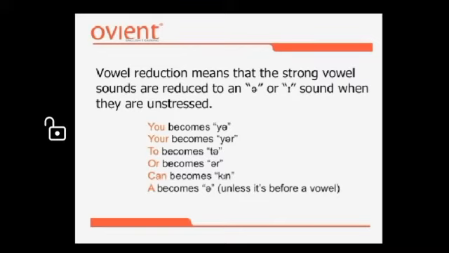"You" becomes "ya," "your" becomes "yer," "to" becomes "t," "or" becomes "er," "can" becomes "kn," "a" becomes "uh." By the way, it's "uh," not "ay." "A" becomes "uh" unless it's before a vowel.